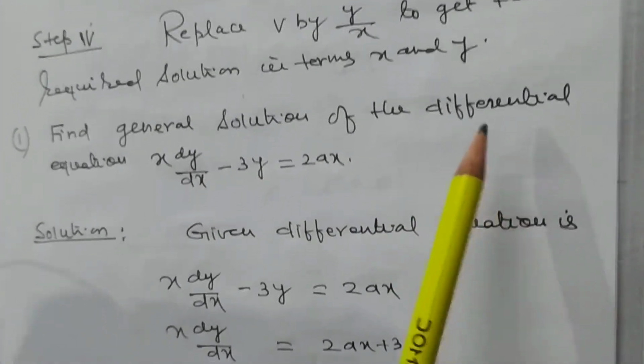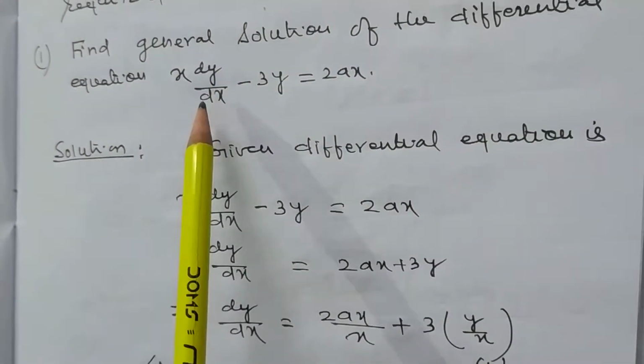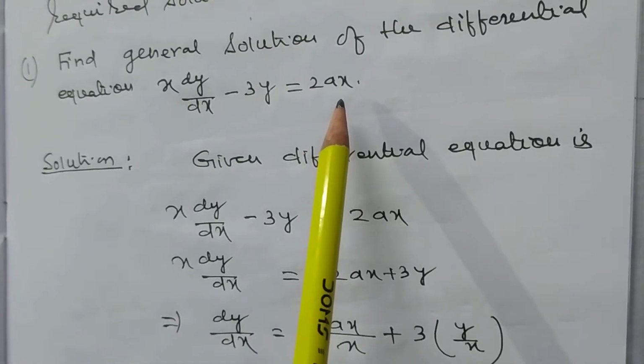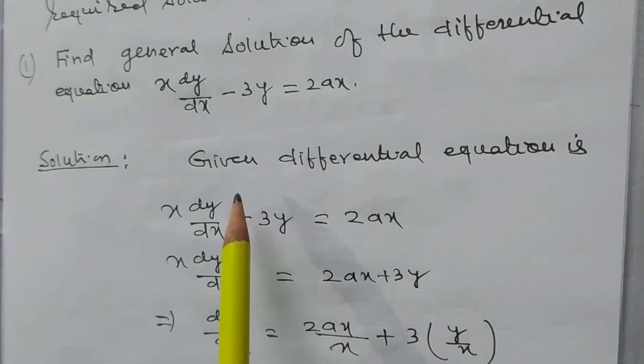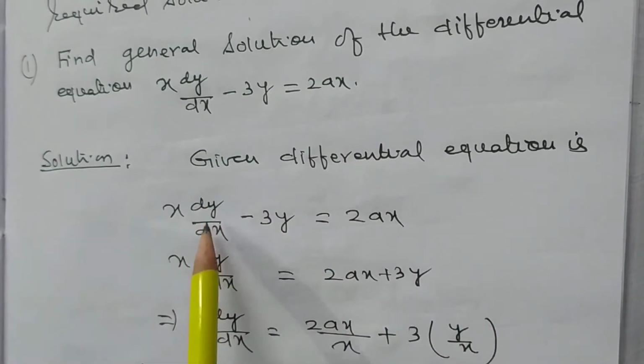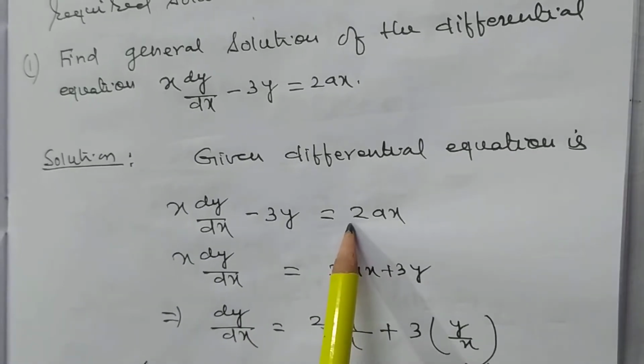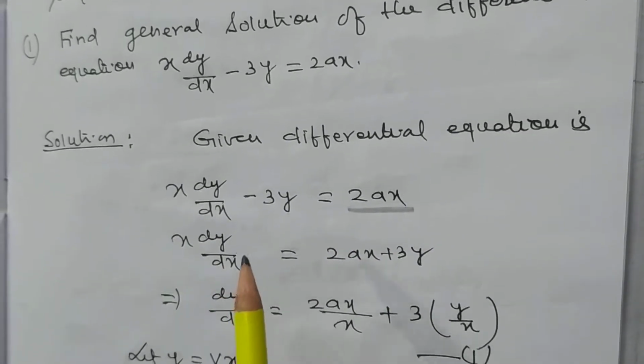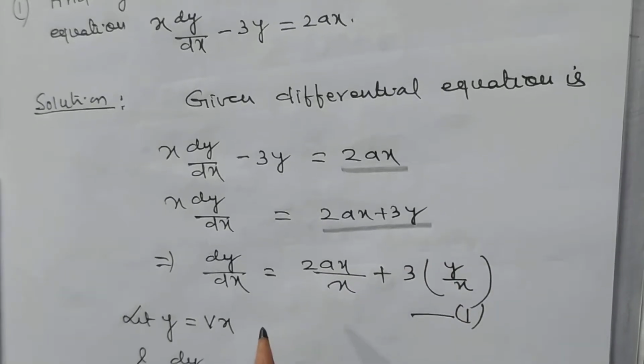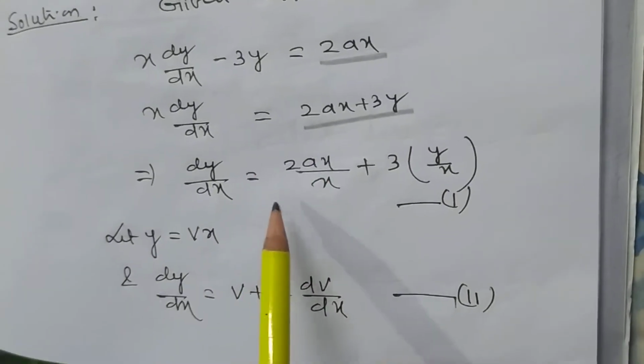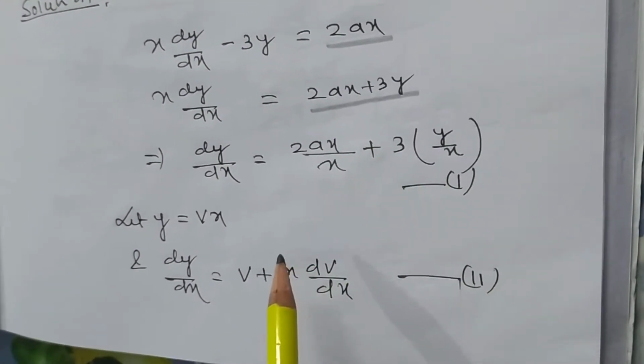Find the general solution of the differential equation x dy/dx - 3y = 2x. Given differential equation is x dy/dx - 3y = 2x, so x dy/dx = 2x + 3y, dy/dx = 2 + 3y/x.